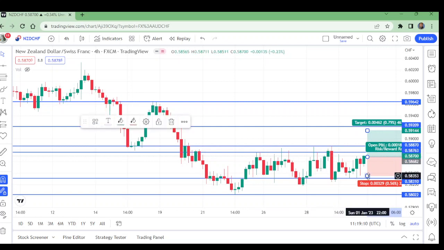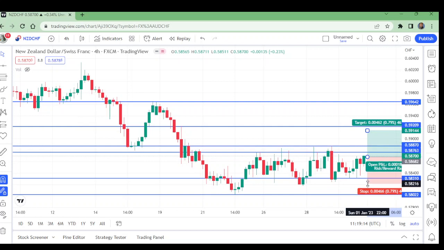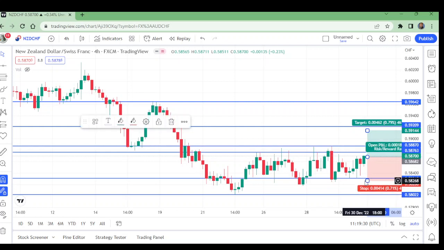Now if you want to save yourself and you are using a small lot, then you can increase the stop up to this, even up to this, but I don't think that this level will be broken. I don't know what will happen, but this is my analysis. According to your strategy, you may set your stop loss.